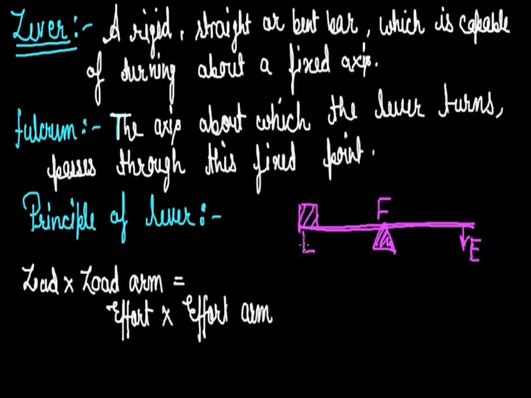As we know what is load and what is effort, but what is the load arm? Load arm is the distance between load and the fixed point, which is the fulcrum. This distance is known as load arm. And the distance between effort and the fixed point, the fulcrum, is known as effort arm.